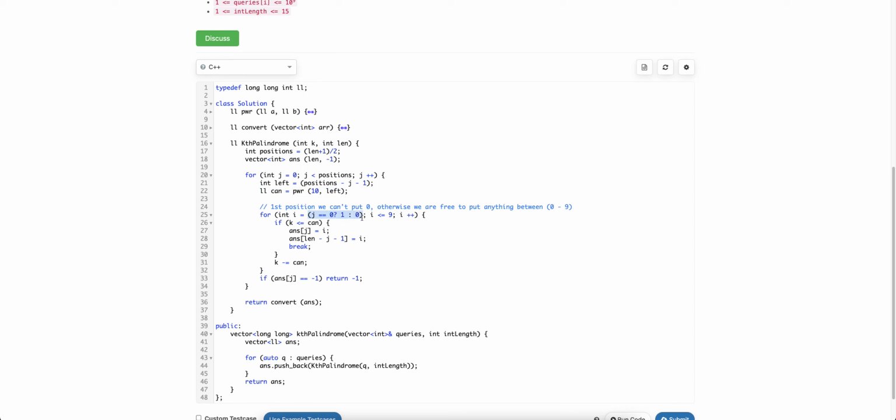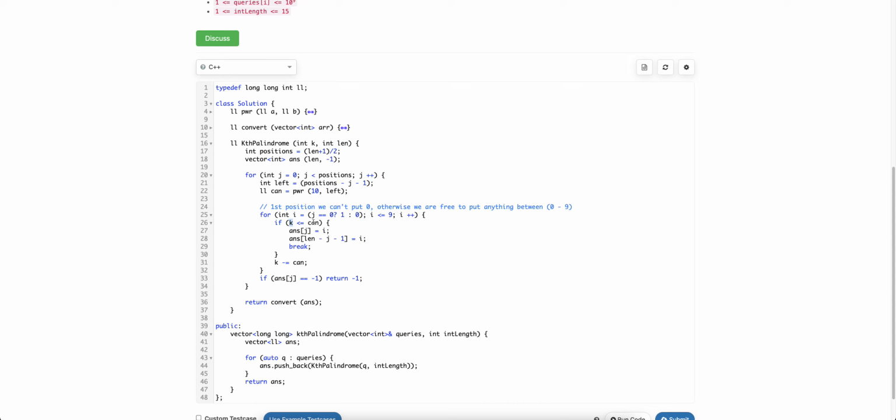And now we are trying digits one by one. So as we have discussed, if it is the first position, we can't put 0, otherwise the starting digit is 0. So we are trying everything one by one. So let's say we try the first digit, and if it is under this, there can be this many palindromes possible, and you have to find the kth palindrome.